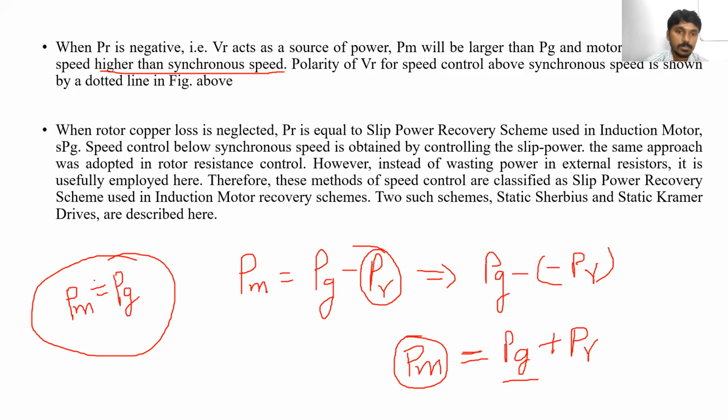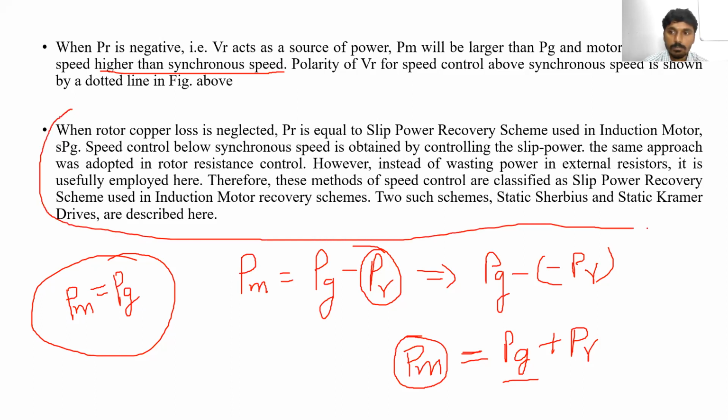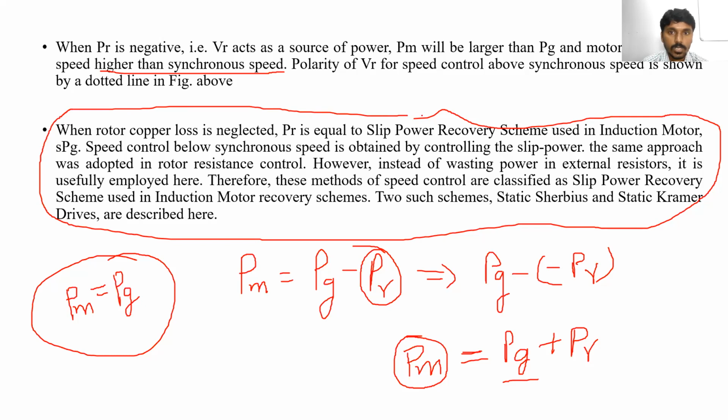Already we have discussed this point. Why are we going for the slip power recovery scheme? Clear? I am repeating this sentence because it is very, very important. Whenever we use the rheostat control method for speed controlling, in that method we are wasting the energy in the form of heat.